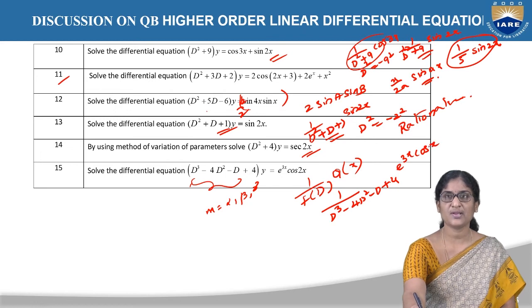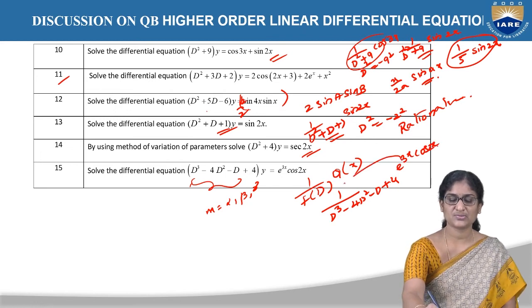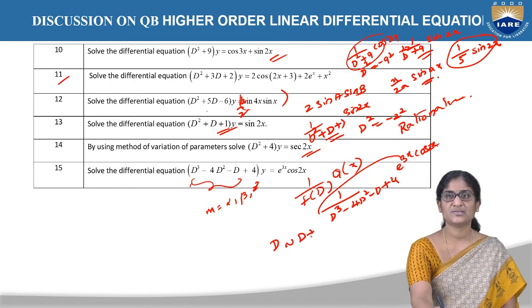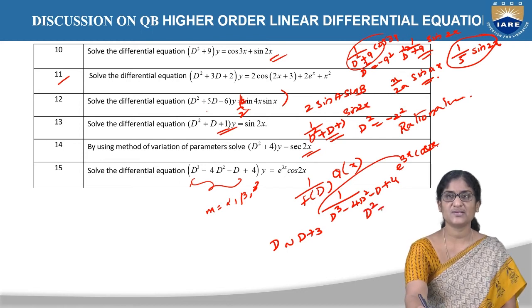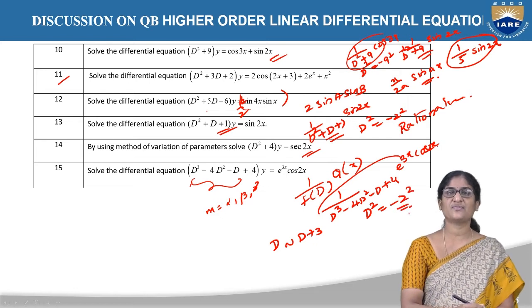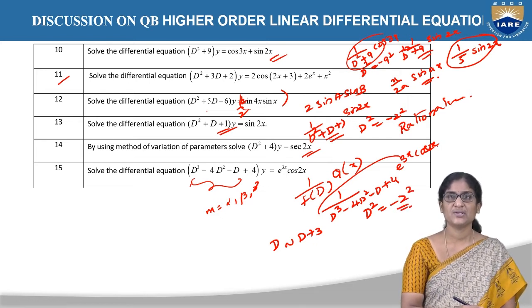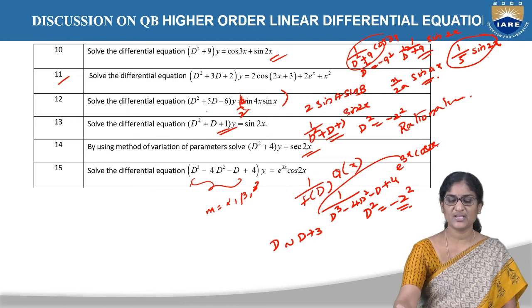You can bring this e^(3x) to the other side by replacing D by D + 3. So after bringing this to the left hand side, in the rest of the expression, wherever D² is there, you can substitute minus 2², and if D is there, again you have to rationalize and get the answer. So that is how we can solve the 15th question.